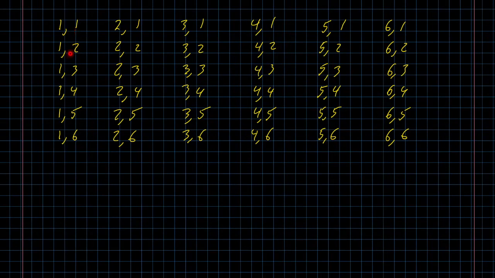We can have the white die come out as 1 and the red die as 2. We could have the white die as 2 and the red die as 1, and those are two different outcomes. We could have 1 and 3, we could have 3 and 1. We could have them both come out 2. We could have 1 and 4, we could have 4 and 1. We could have 2 and 3, we could have 3 and 2. Those are different outcomes.